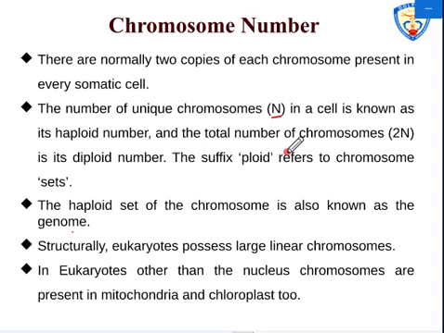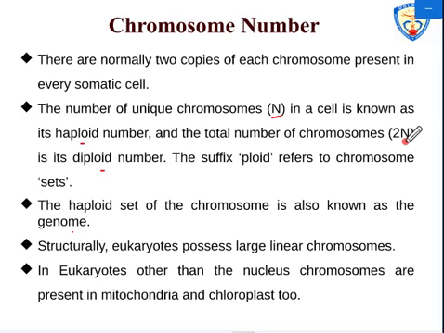The total number of chromosomes represented by 2N is the diploid number. Now ploidy, in haploid as well as diploid, this term ploid refers to the sets of the chromosomes. So there is one set of chromosomes in haploid and there are 2 sets of chromosomes in diploid.